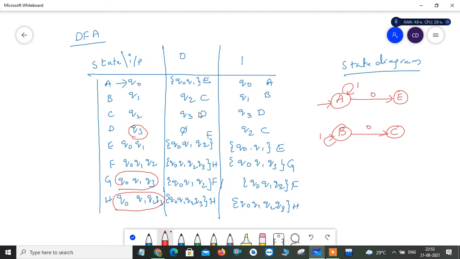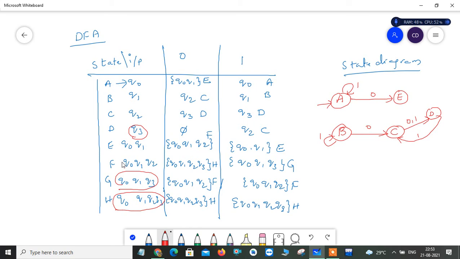From C I can move to D. Simply here I'm taking D. When I take my input as 0, I can move to D, and when input is 1 also I can reach the same state D. From D, for 0 I don't have any transition, and for 1 I can move to C.